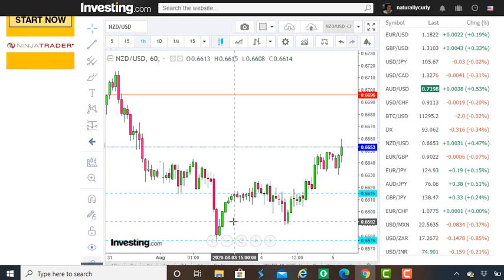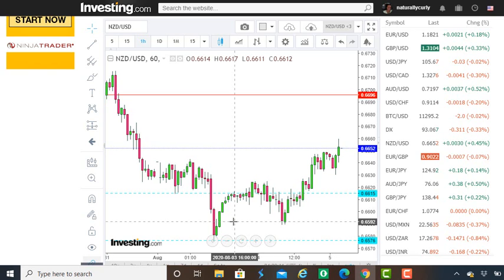And until a couple more weeks go by, because again, I would be trading this as a long-term trade, just like AUD USD, I won't be moving my stop anytime soon. If you want to move your stop, and you just got in this week, at least wait until next week finishes before moving your stop if you plan on being in it for at least a couple of weeks.